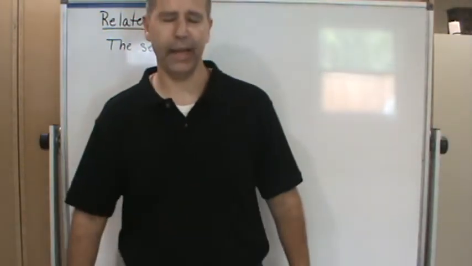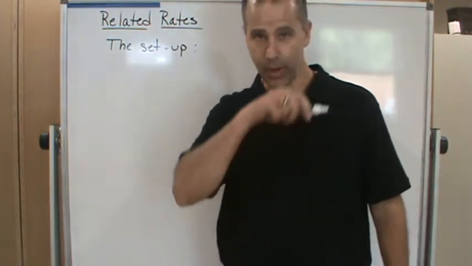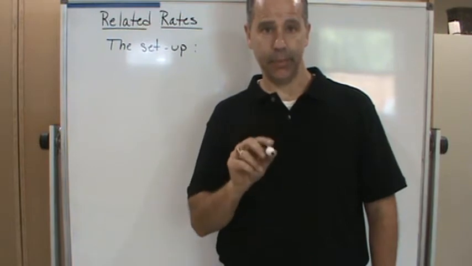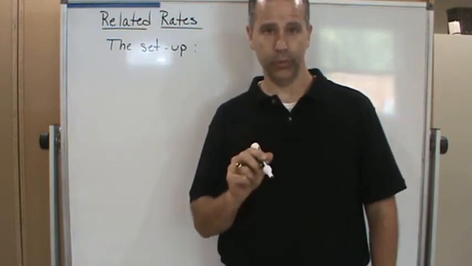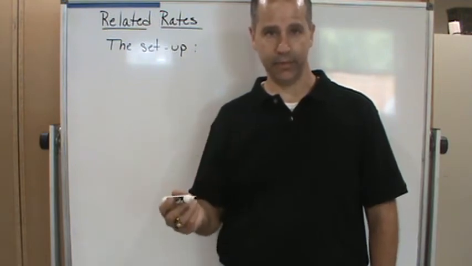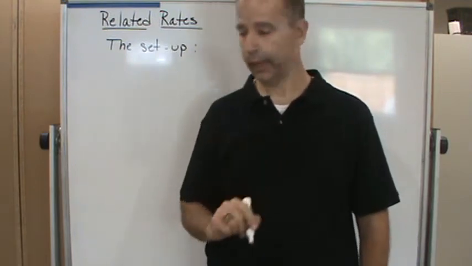Okay, so welcome back, and now we're going to start talking about how we set up related rates problems. So let's talk about the example that we were talking about before about the balloon. We know that the volume of the balloon is related to the radius of the balloon. So let's think of this as a spherical balloon, okay?